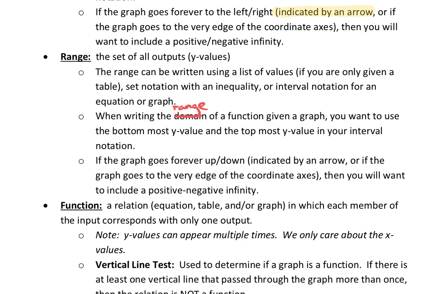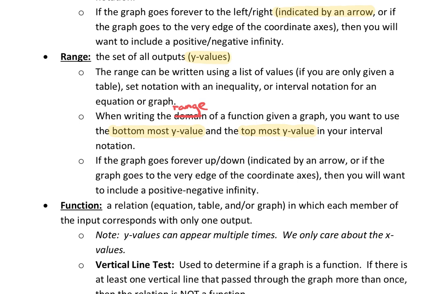So remember, y values, again, we want smallest to largest, and so our smallest y value is going to be the bottom point, and our largest y value is going to be our top point. And so we want to find the bottom point and the top point, and again, because we're talking range, we only want to keep the y values.